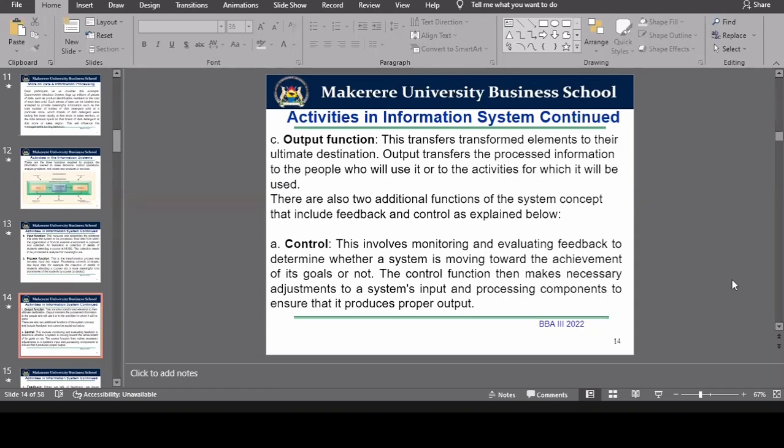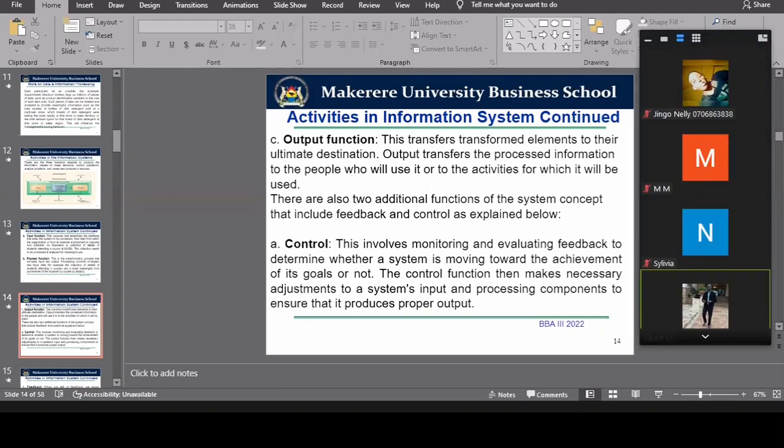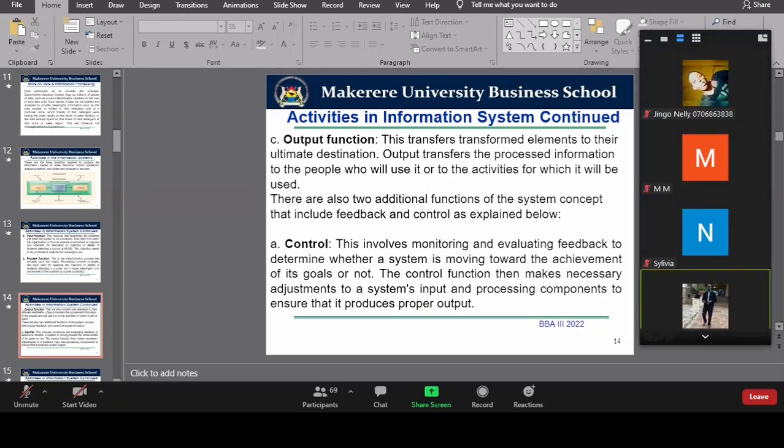The key question to answer here is, who needs that information and when do they need it, in what form? Some users will need it in form of graphs. Some users will need it in forms of just mere reports, text reports. Some users will need it as charts. So depending on who needs it and why they need it, that is where you'll be able to produce output of that nature.